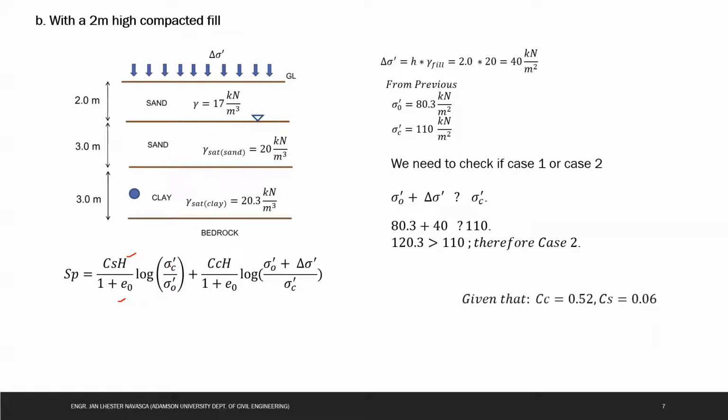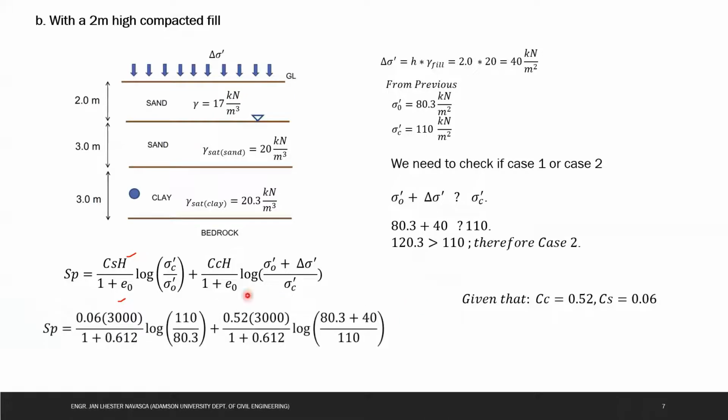So we have all of the following. Given from the problem are the compression index of 0.52 and the swell index of 0.06, so we get the primary settlement from this formula.